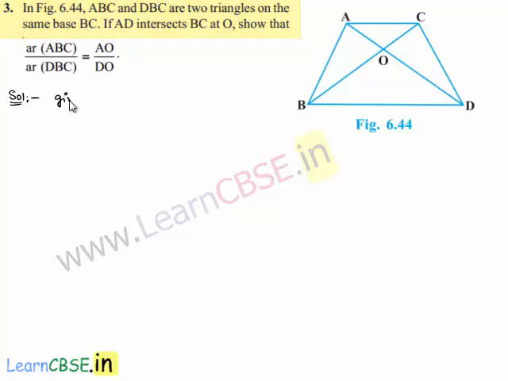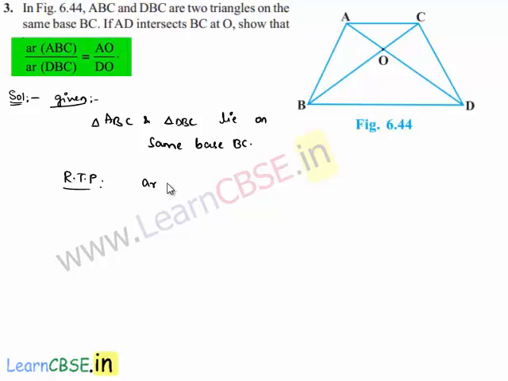Given that ABCD is a quadrilateral in which ABC and DBC are 2 triangles that lie on the same base BC, and diagonals AD and BC intersect at O. Now we are required to prove that area of triangle ABC by area of triangle DBC is equal to AO by DO.